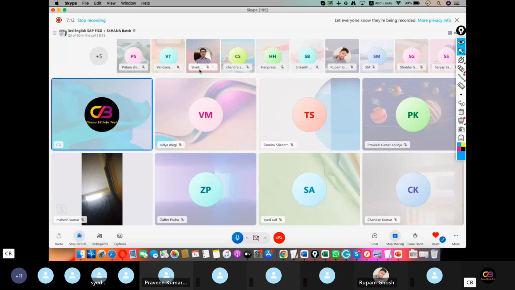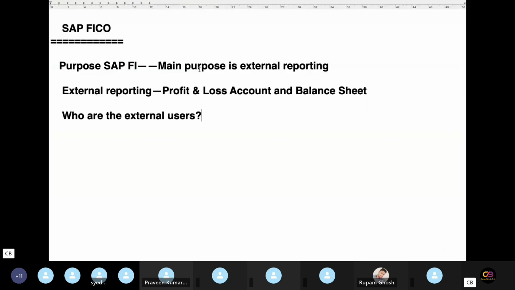Who are the external users? So why is this reporting required? And who will see this report? Tell me, who will see this report?